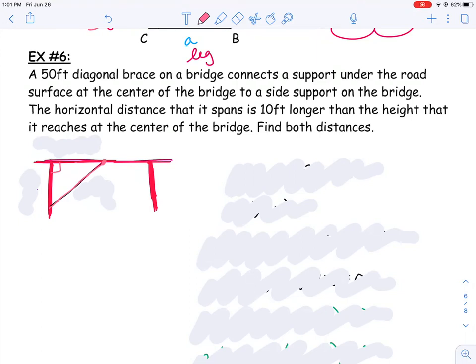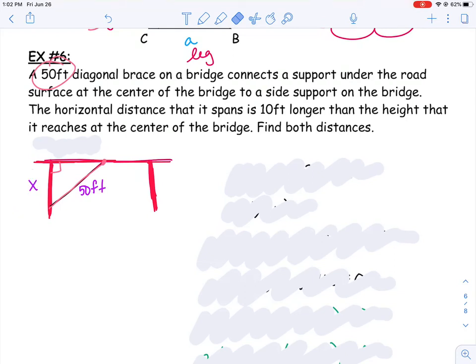It looks like I have a little right triangle there, right? Okay, and doesn't it say that the brace, the diagonal brace, is 50 feet long? So I can even label that with a 50 foot. All right, let's keep reading. It says here the horizontal distance that it spans is 10 feet longer than the height it reaches at the center of the bridge. Well, height is the distance up and down, and we're not sure what that is.